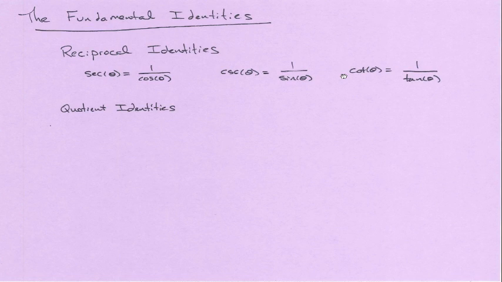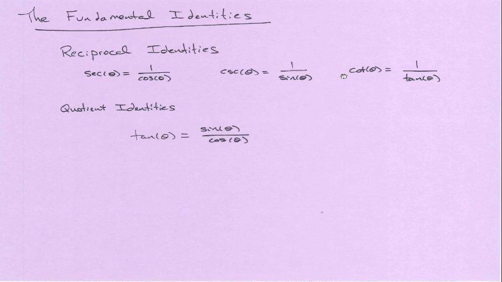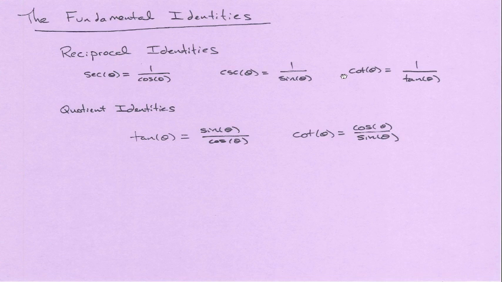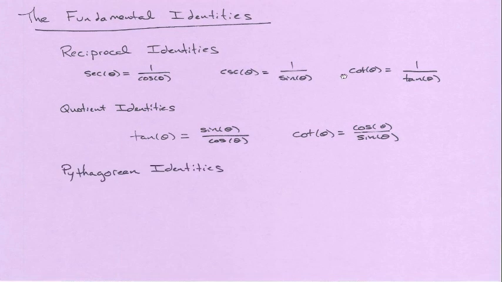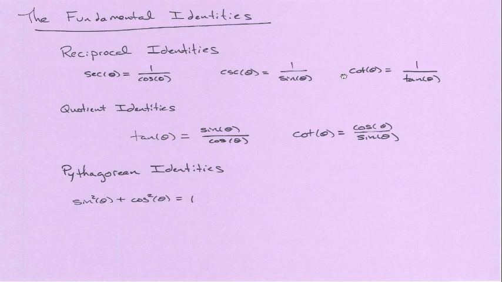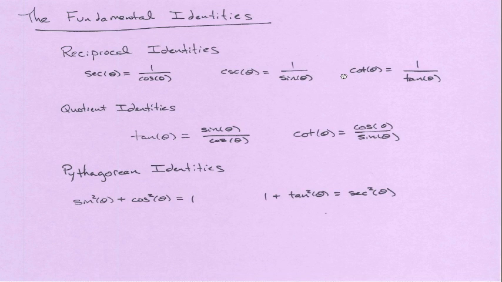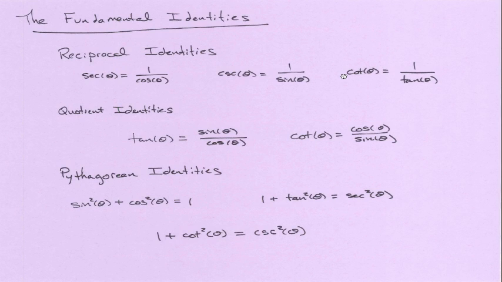Our quotient identities, tangent of theta is equal to sine of theta over cosine of theta, cotangent of theta is cosine of theta over sine of theta, and then our three Pythagorean identities, sine squared of theta plus cosine squared of theta is 1, 1 plus tangent squared of theta is equal to secant squared of theta, and finally 1 plus cotangent squared of theta is equal to cosecant squared of theta. So this gives us all of our fundamental identities.